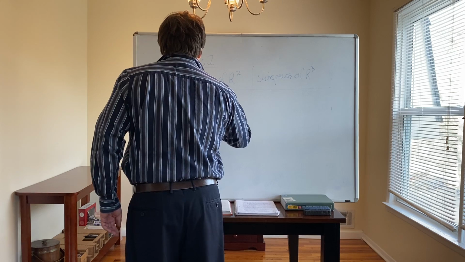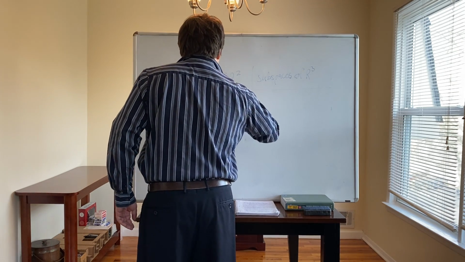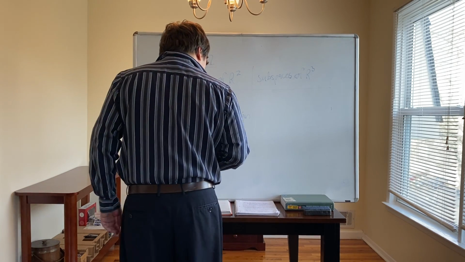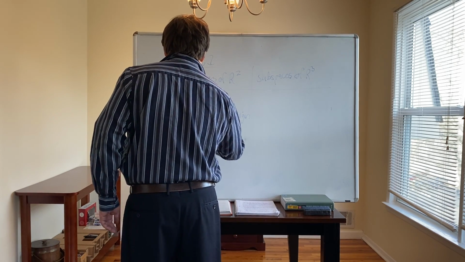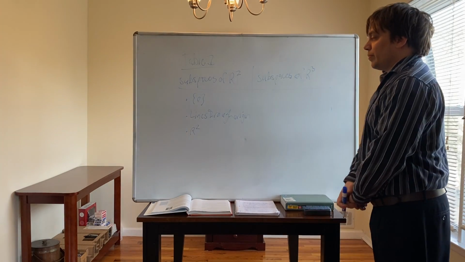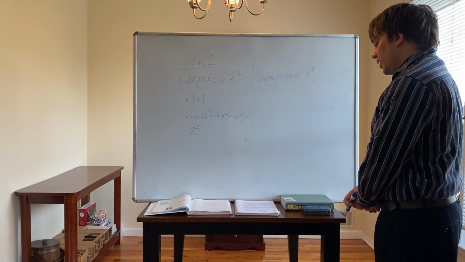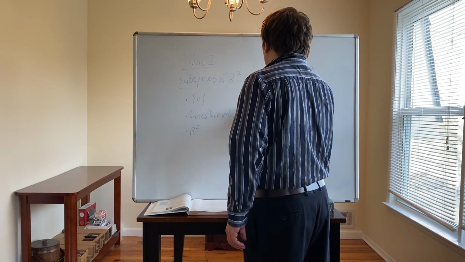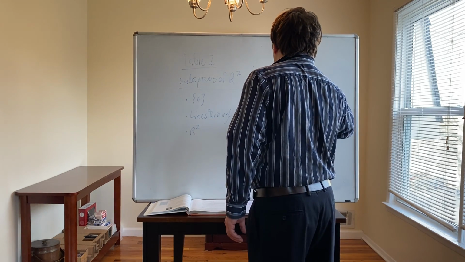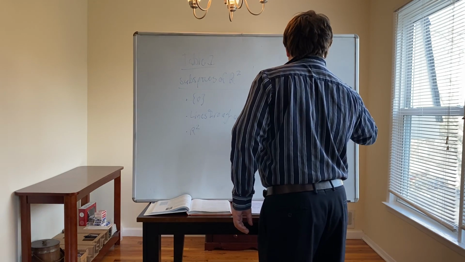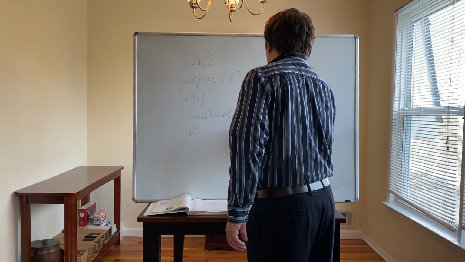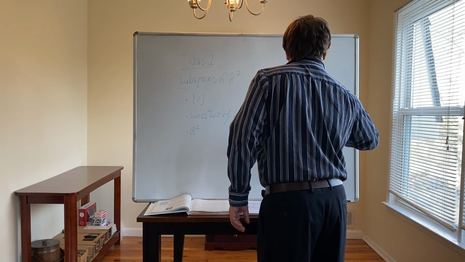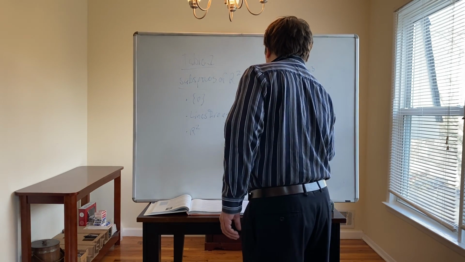Lines through the origin are subspaces of R2. And all of R2 is a subspace of R2. Okay. Subspaces of R3 are the zero set, lines through the origin, planes through the origin, and all of R3.